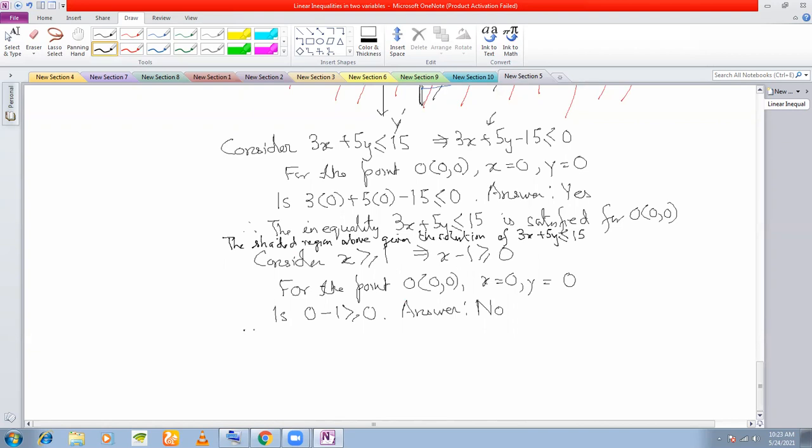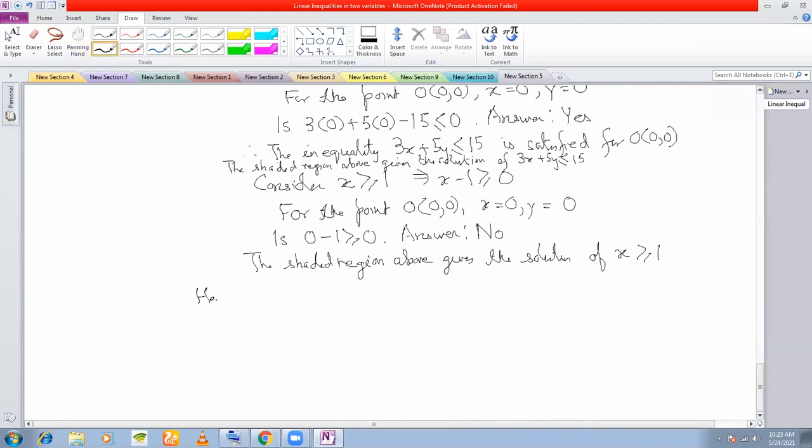And here you will write the shaded region above gives the solution of x greater than or equal to 1.